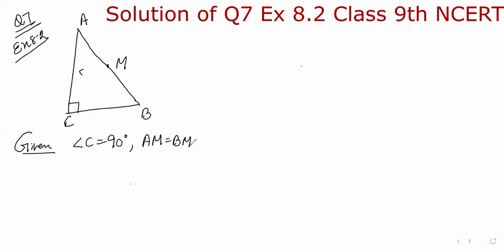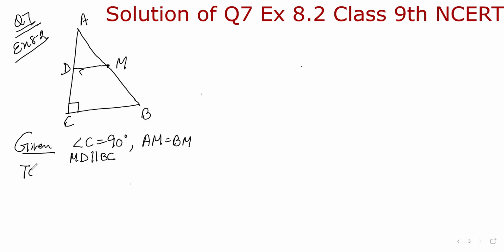Parallel to BC, intersect AC at D. He says if we draw a line through M, the midpoint, parallel to the base BC, intersecting AC at the point D. That means MD is parallel to BC and it is intersecting AC at the point D. Right? So this is what we are given in this question.